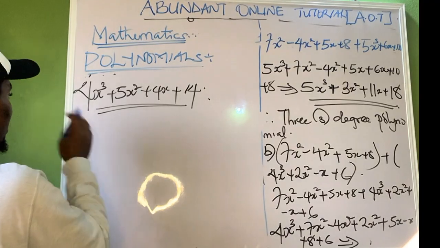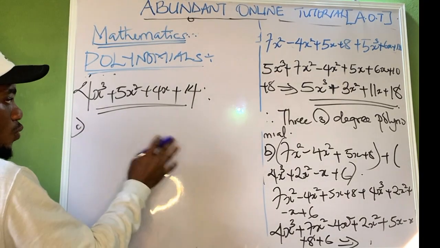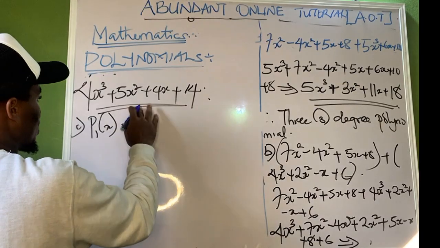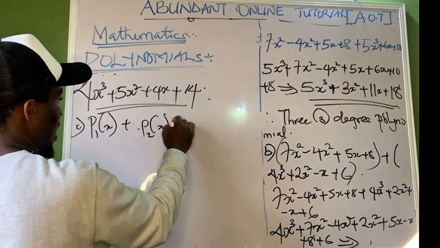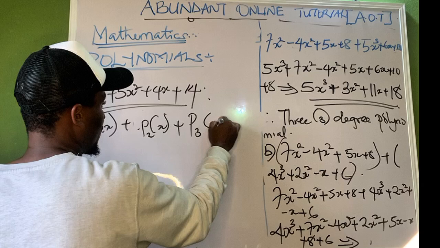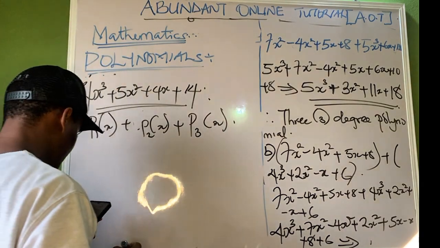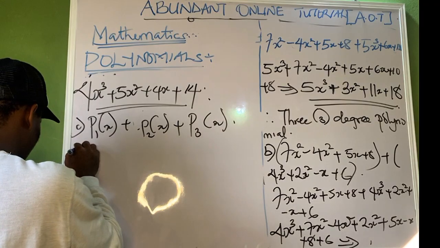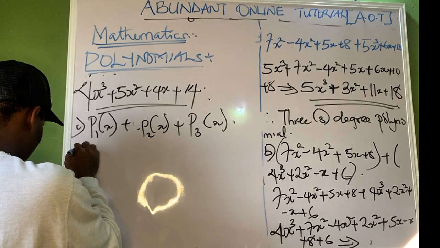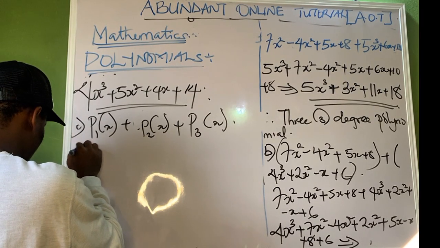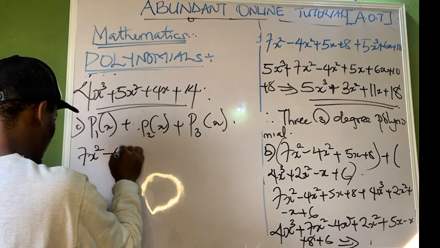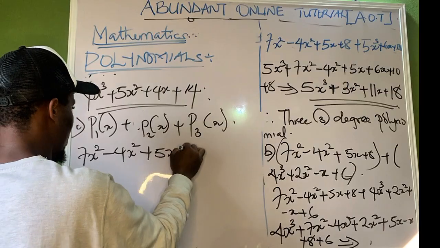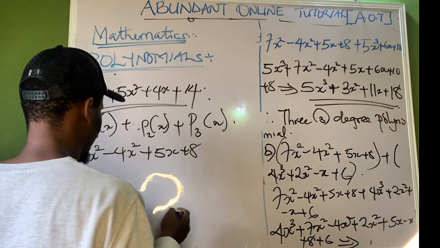So the third one, I've cleaned it, so I want to write it again. The third one says that we should do p2(x) and p3(x). My p1 given to us is 7x squared minus 4x squared plus 5x plus 8.